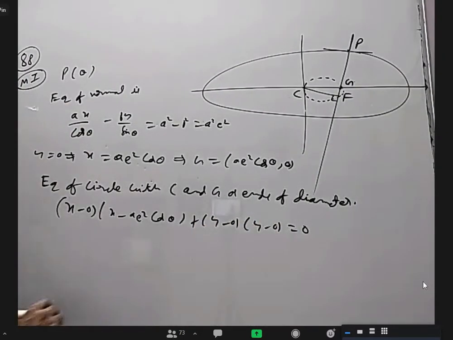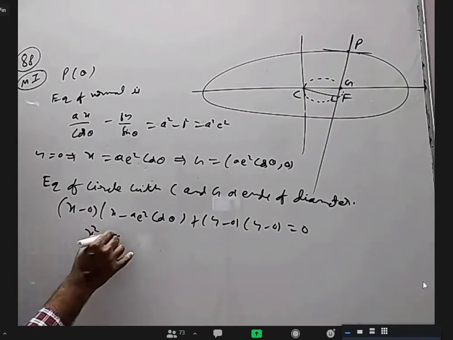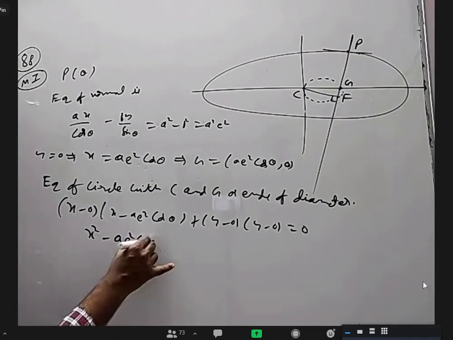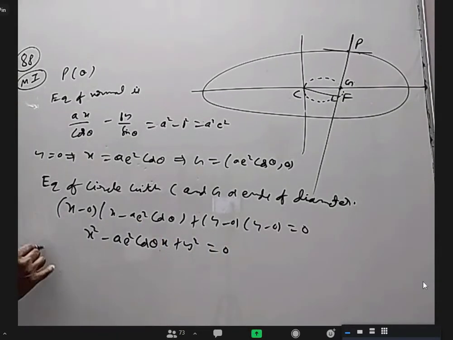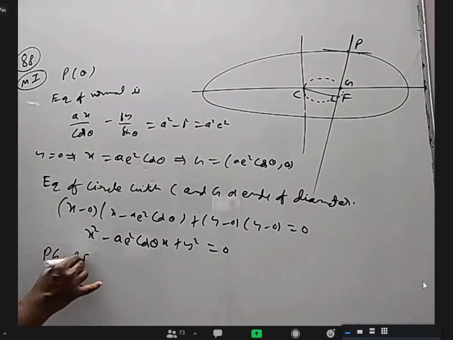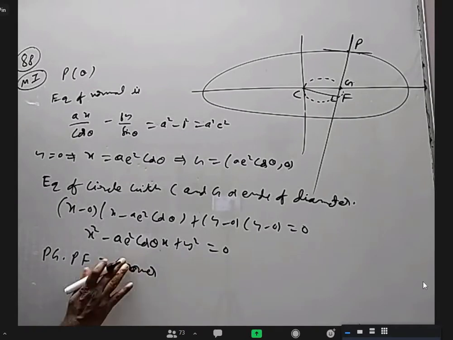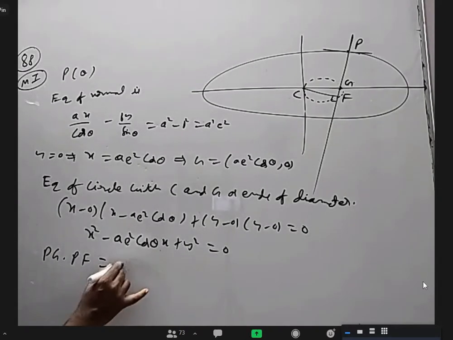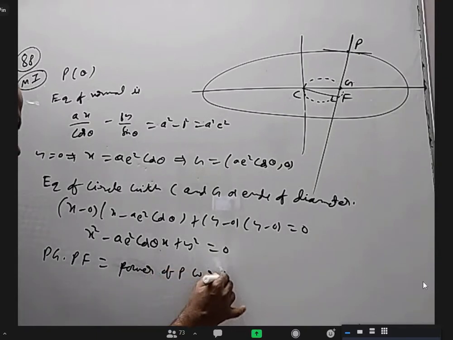That is x square minus a e square cos theta x plus y square equal to 0. PG into PF is nothing but the power of P with respect to this circle.